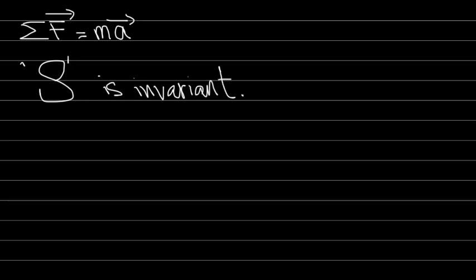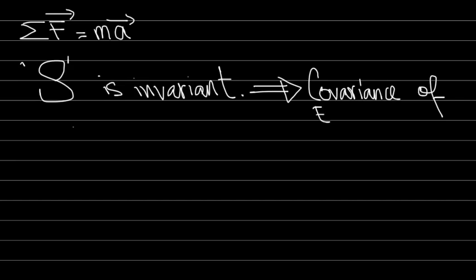Now, the invariance of the action actually implies something, that when you compute or find the equations of motion, they are covariant. So it implies the covariance of the equations of motion, right?